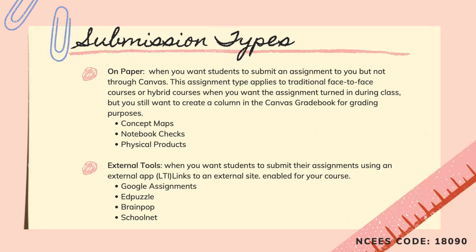If they're doing a diorama, a poster board project, a trifold, a science fair project, or a science experiment, it's a physical product that your students cannot submit online. Those are the things that you would use on paper for.